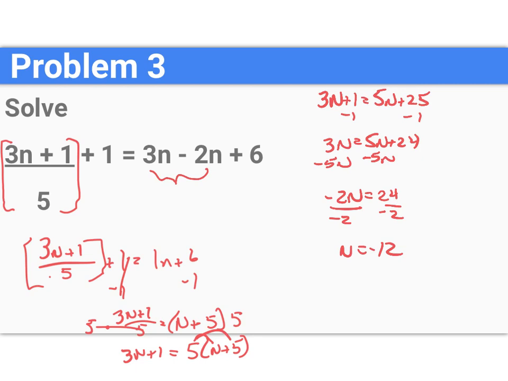If you did not move the 1 and you multiply by 5, you would make an error. Or you would have to do the 1 times the 5 and everything on the right side times 5. You can do it that way, but sometimes it's just a little harder to remember in your head.